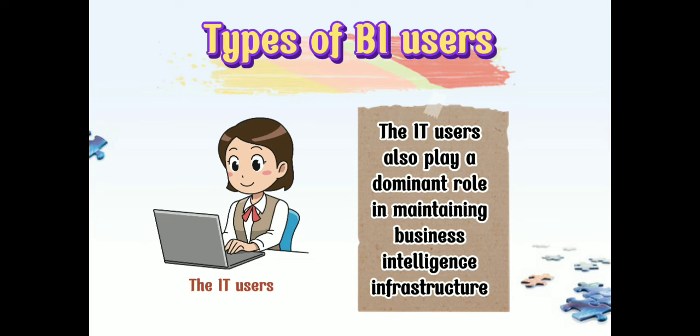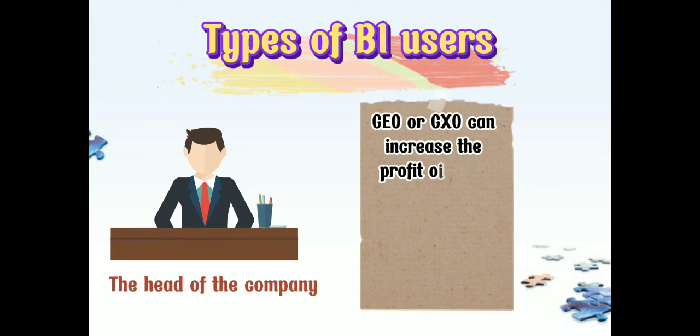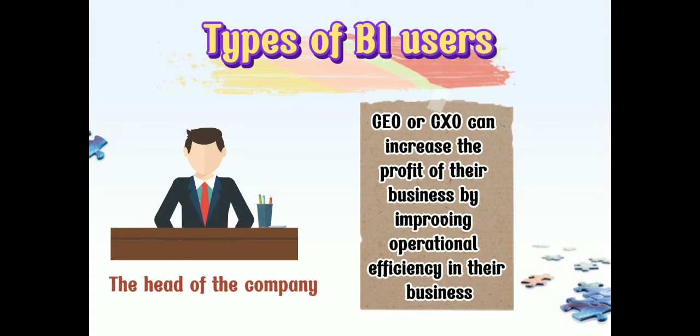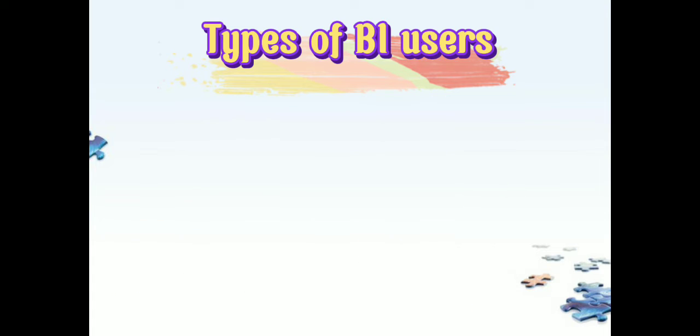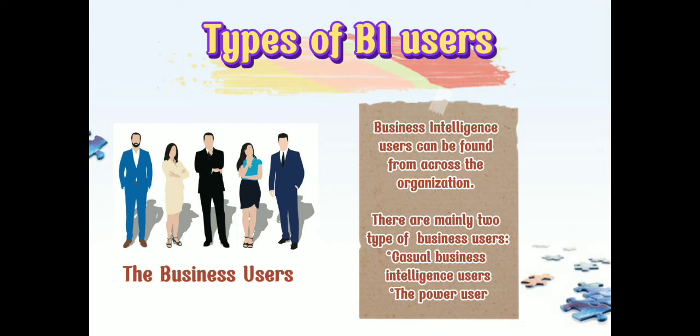The IT users also play a dominant role in maintaining business intelligence infrastructure. Third, the head of the company. A CEO or CXO can increase the profit of their business by improving operational efficiency. Last, the business users. Business intelligence users can be found across the organization. There are mainly 2 types of business users: casual business intelligence users and the power user.